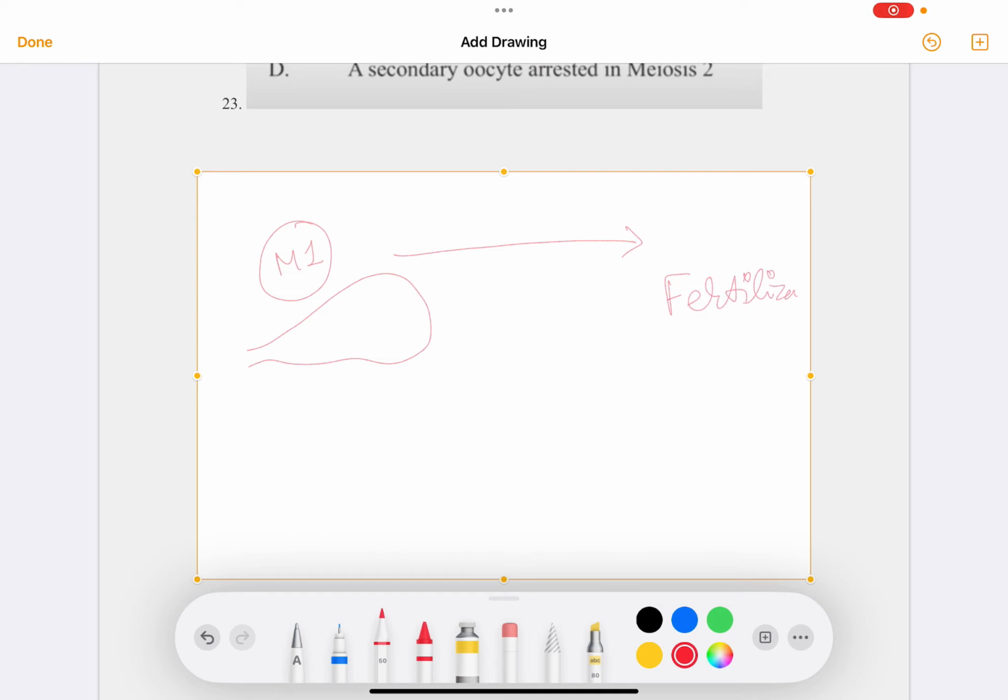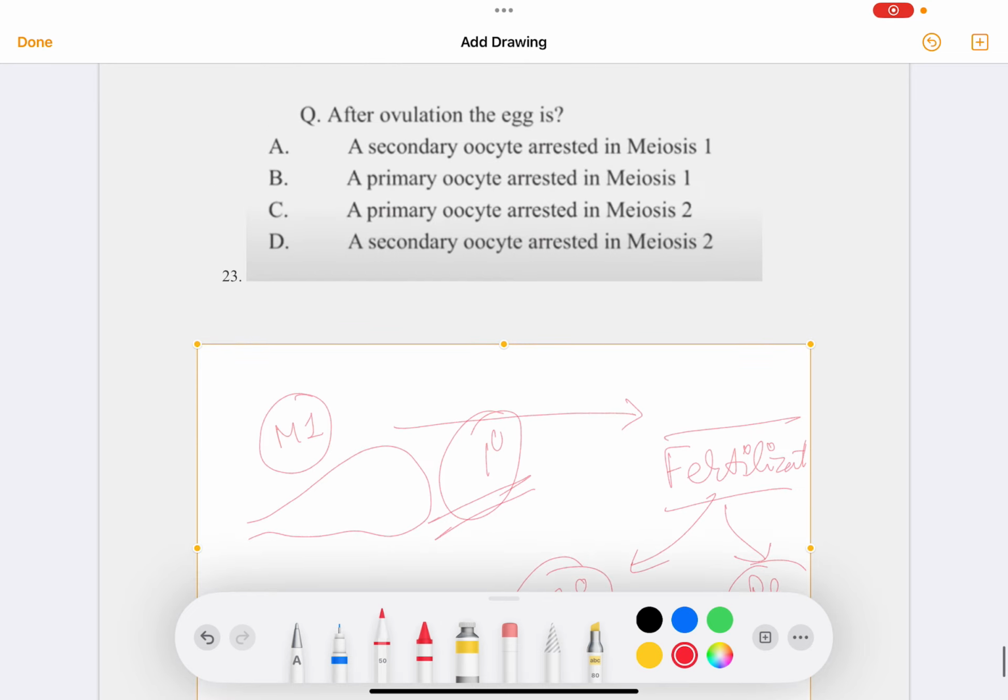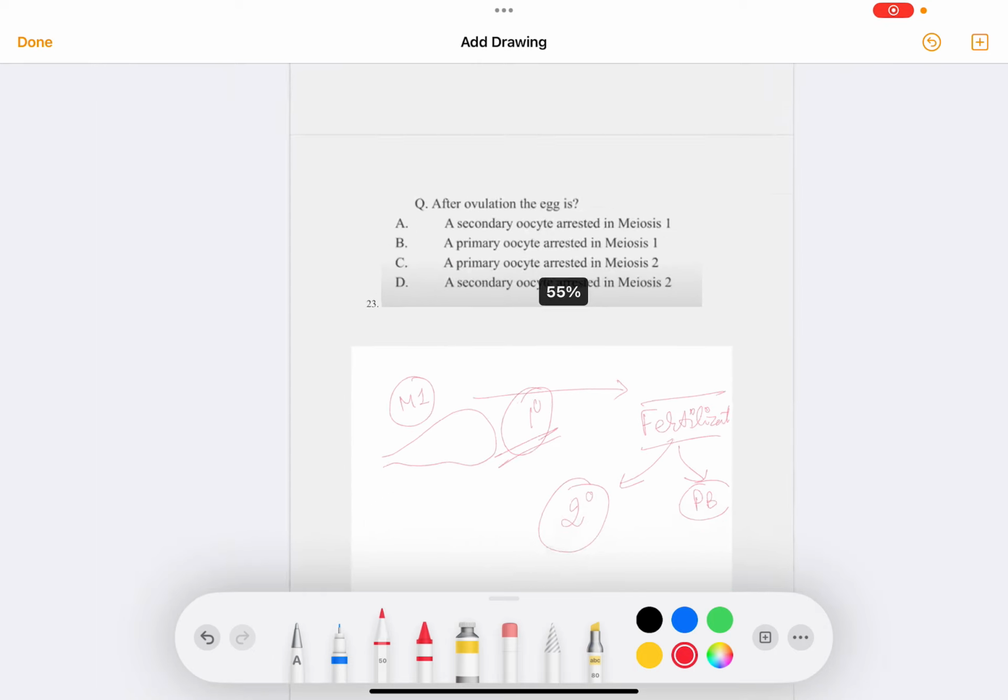After fertilization, the second polar body is extruded. Primary oocyte is formed before puberty. So after ovulation, the answer will be D, secondary oocyte is arrested in meiosis 2, which is completed after fertilization.